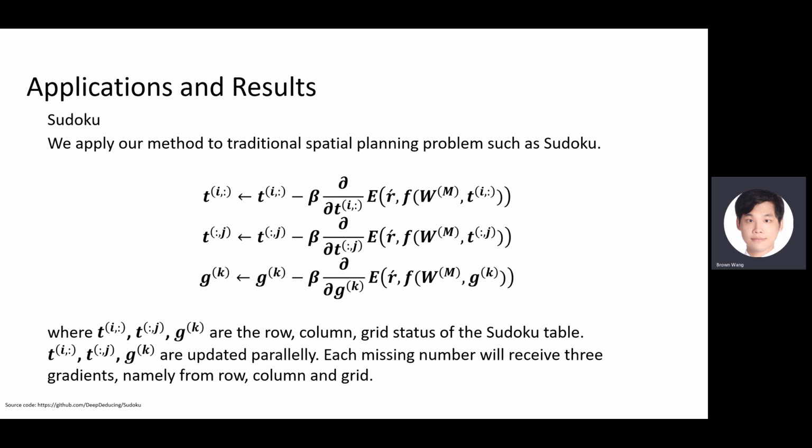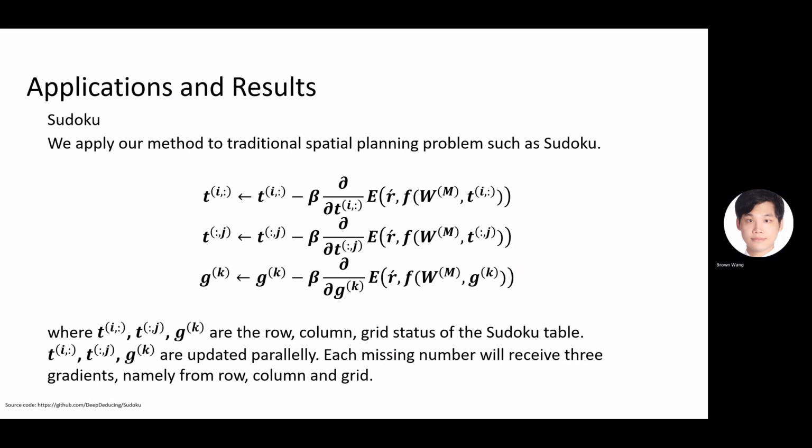Then we apply our method to traditional spatial planning problems such as Sudoku. In this kind of scenario, the neural network first learns the rules of Sudoku. If the numbers are all different, then it gets a reward. If the numbers have overlapping numbers, then it doesn't get any reward.